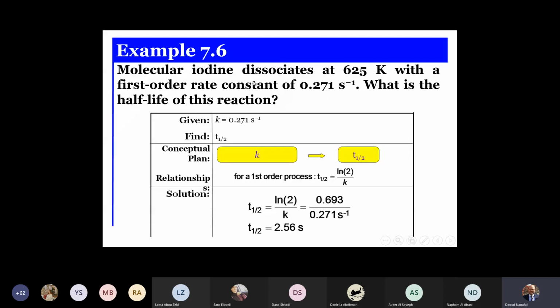Since the reaction is of first order, that means t-half is independent of the initial concentration, and t-half is given by the relation t-half equals ln 2 over K. K is given as 0.271, so we divide ln 2 by 0.271 second to the minus 1, and we obtain t-half in seconds. Pay attention, in chemical kinetics, the unit of the rate constant should be given exactly. What is this unit?